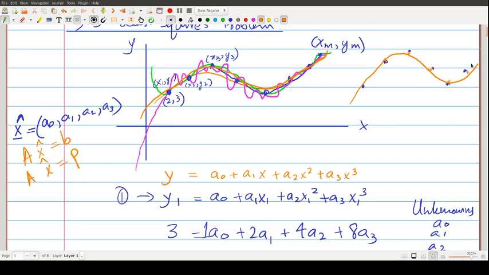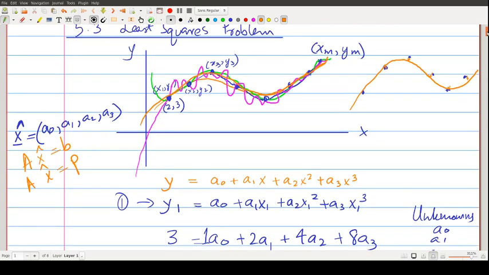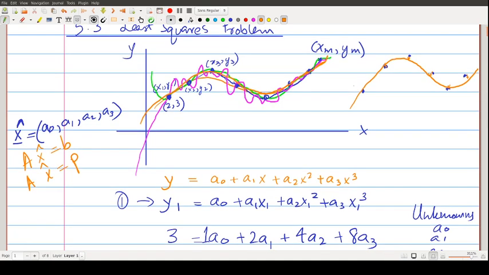Their sum of squares will be minimum. If the distance of a point from the curve, let's say this distance was r1 and the distance over here was r2, the residual here was r3, r4, then we're going to minimize these distances by solving A x hat equals P.